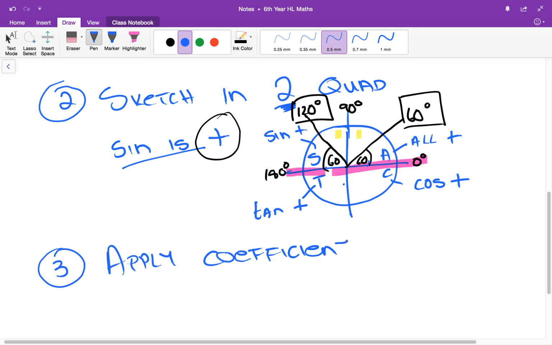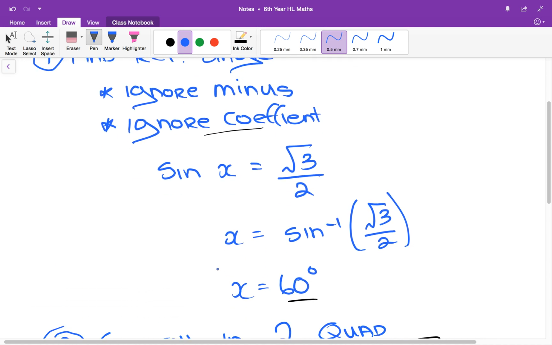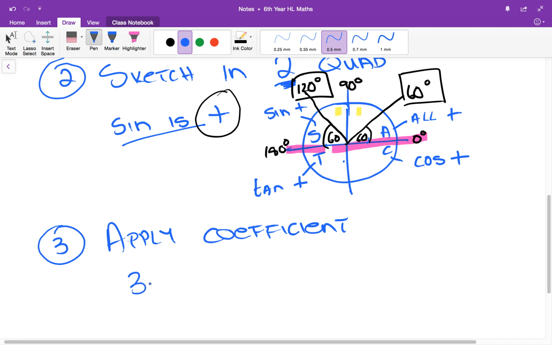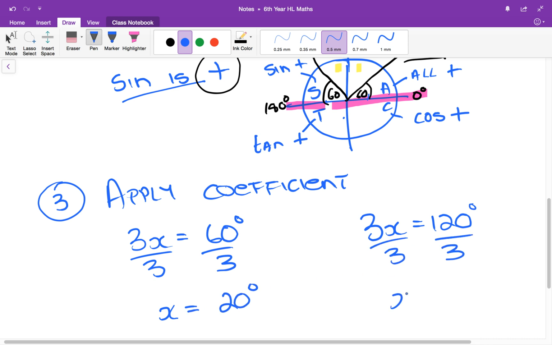On the face of it, it looks like 60 and 120 are our answers, except they are answers for x, but we don't have x. If you remember, we have 3x. So we have to say that 3x equals 60 and 3x equals 120. We divide by 3 on both sides and we get that x is 20 degrees, and on this side, x is 40 degrees.